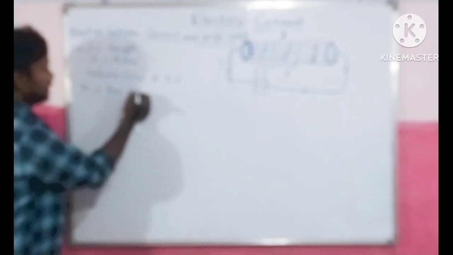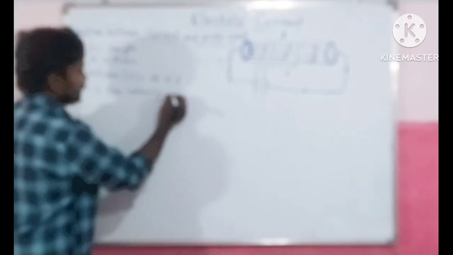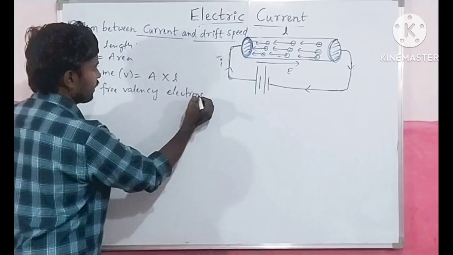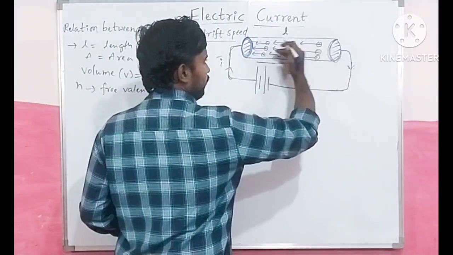Next, small n is the number of free valence electrons per unit volume. The electrons are moving in this direction.